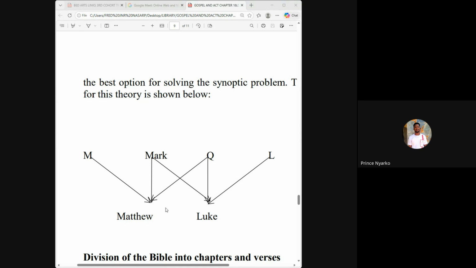And mind you, they are not all sitting at a table discussing and writing. Each of them is writing from a different place. So where I get my source of information is what I will use to write. So once they have different sources, they will write from what they got, and I think this solves the problem.